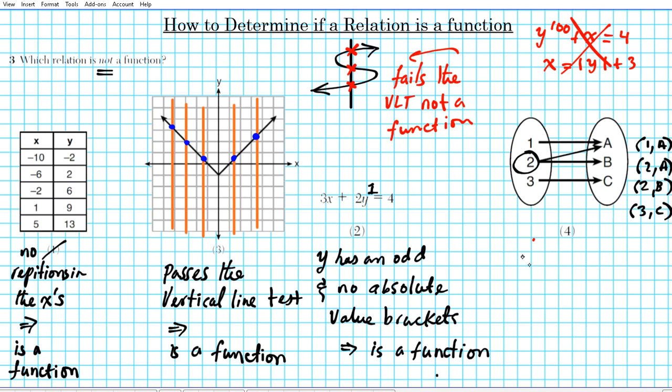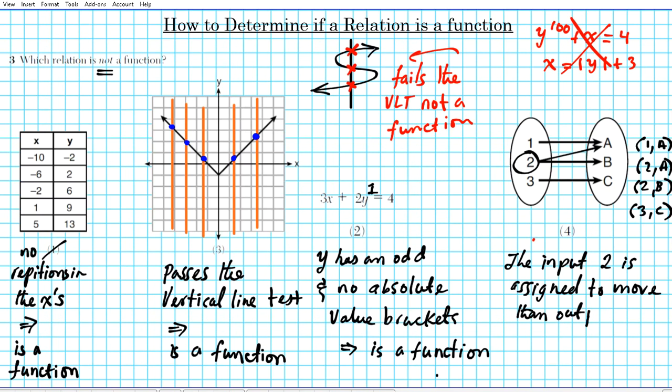All right, so let's write down what we observe here. The input 2 is assigned to more than one output. If it is assigned to more than one output, it doesn't matter if it's 2, 3, 4, 5, 6, it is automatically not a function.